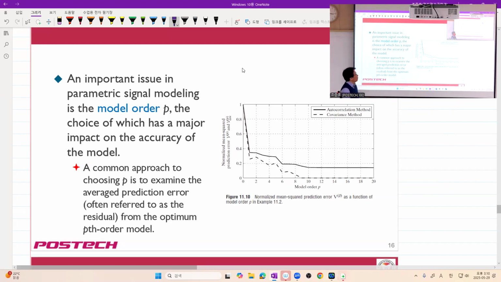Same thing. Of course, if you increase the model order, you may have a better and more accurate system. The problem is, what? Overfitting. Sometimes we have too much overfitting if we increase P. So in some cases, we limit our order.